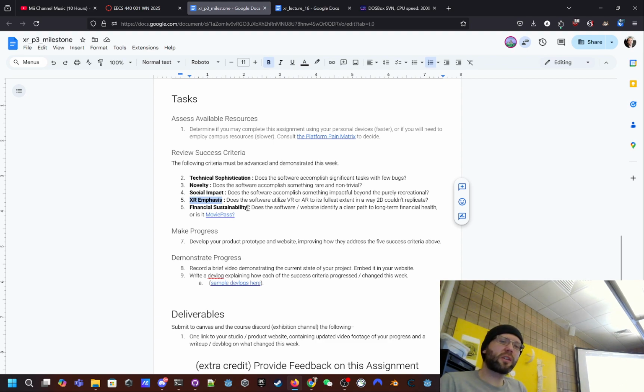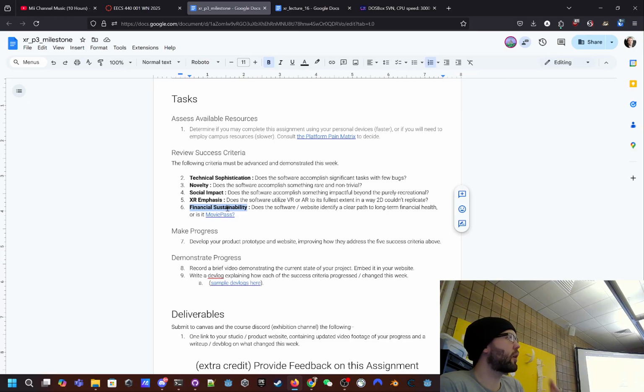And then financial sustainability. With your project, you will be improving the software every week, but you will also be upgrading a website and taking video footage every week of the new features that you've created. And on that website, you will need to have some sort of plan you've thought through about how you're going to actually make money.